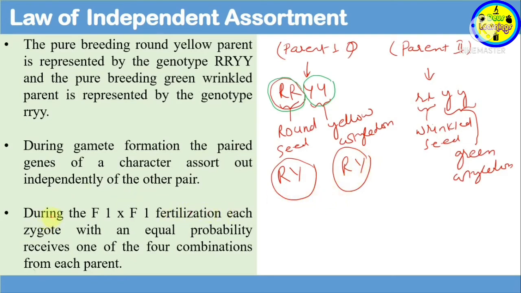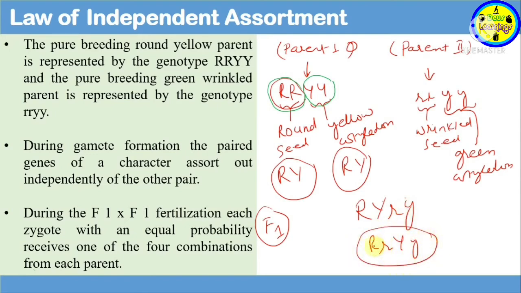Next, during the F1 fertilization, that means when the F1 generation is self-fertilized, each zygote has an equal probability to receive one of the 4 combinations. So when we cross these two, we get the F1 generation in the form of this, or when you rearrange, you can arrange like this.